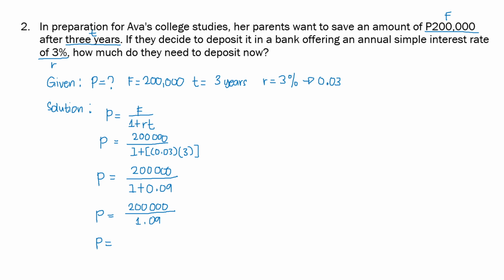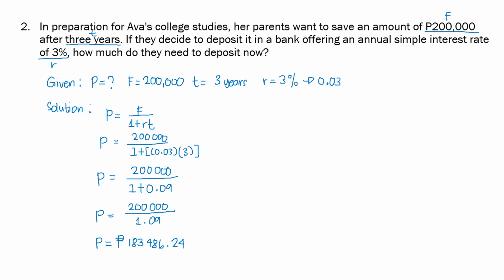Then let's divide it. 200,000 divided by 1.09 is equals to, so our principal value is equals to 183,486 pesos and 24 centavos.